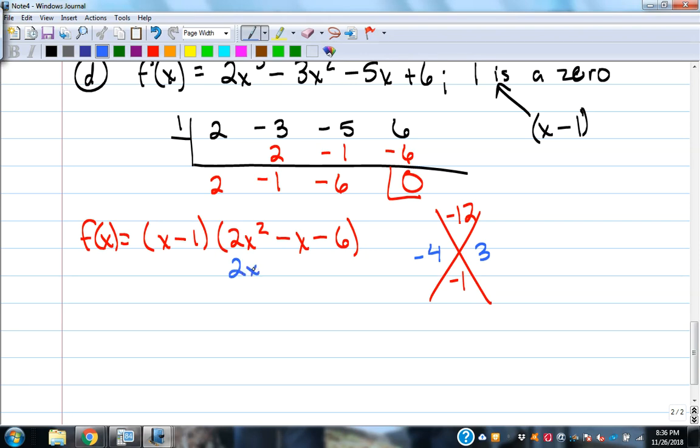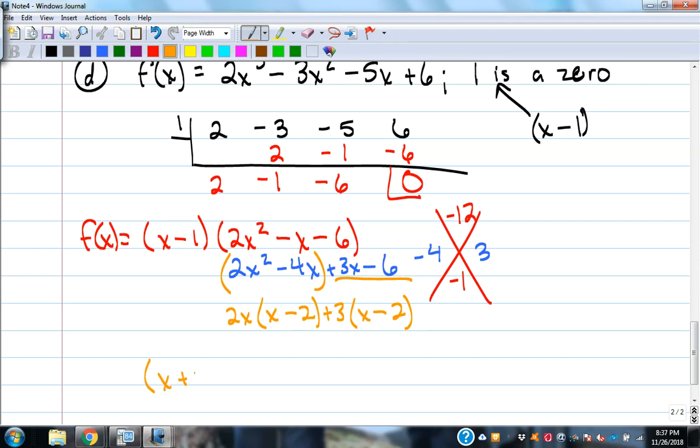So I'm going to break that down like this. Group. Those have 2x in common. These have 3 in common. So I have my factored form of x minus 1, x minus 2, and 2x plus 3.